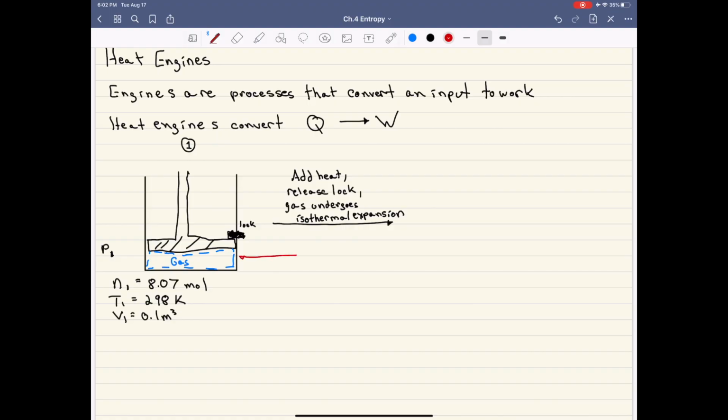The amount of heat we're going to add is 10,000 joules. So we add in the heat, and then we release the lock, which causes the system to undergo an isothermal expansion.